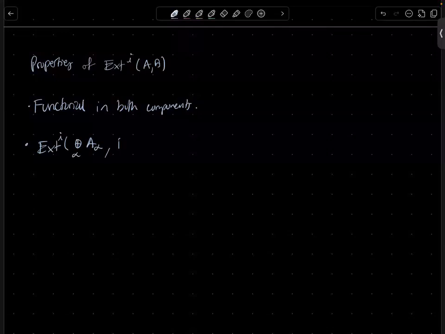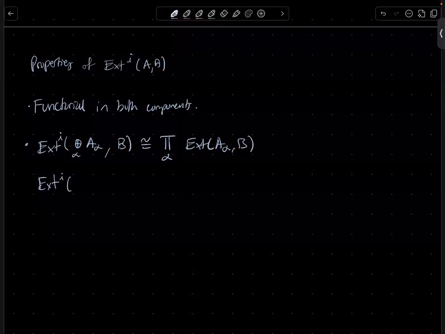So Ext^i of the coproduct of A_alpha with B is isomorphic to the product over alpha of Ext^i(A_alpha, B). And then the other one is Ext^i of A with the product over alpha of B_alpha. That's isomorphic to the product of Ext^i(A, B_alpha). Yeah. Cool.